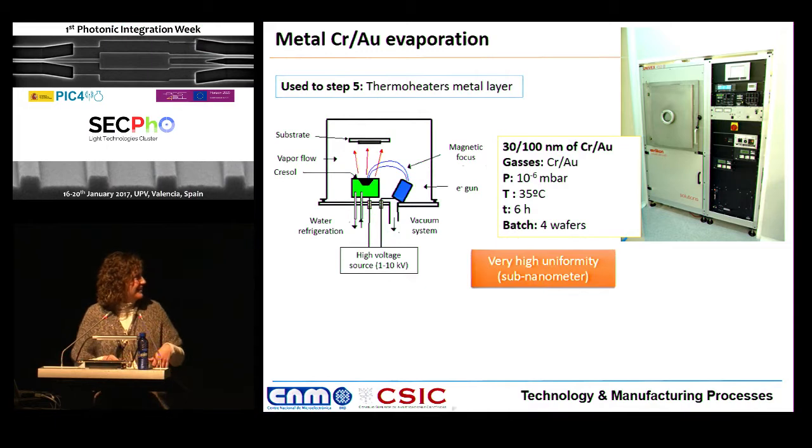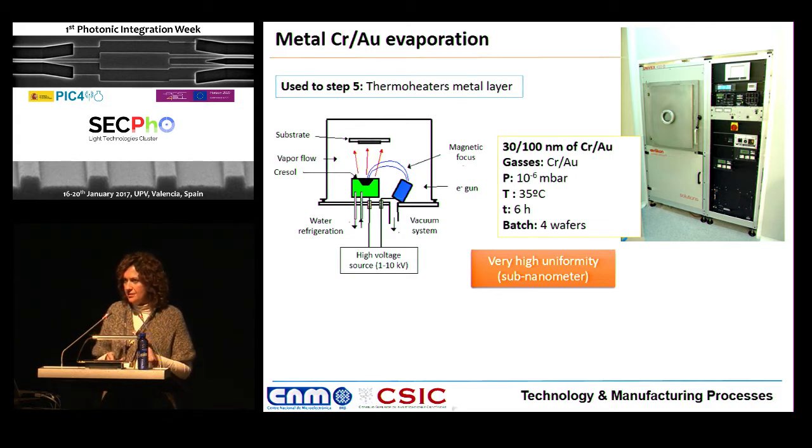Again, it's a very, very high uniformity process, also for sub-nanometer values. So we can get, for example, a 10.5 nanometer layer. So it's a very nice process.